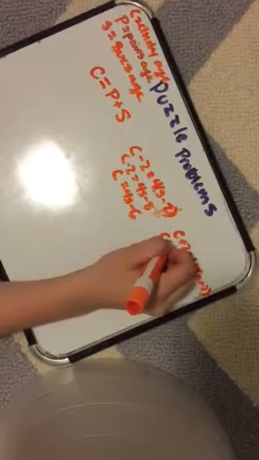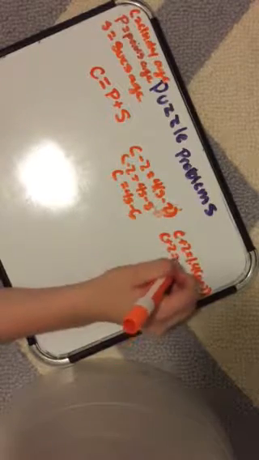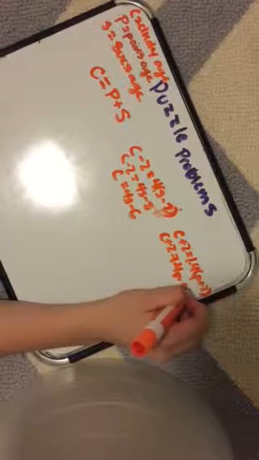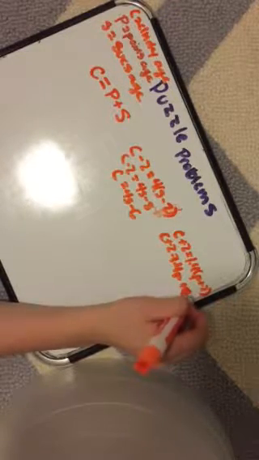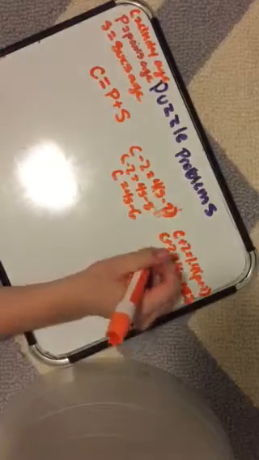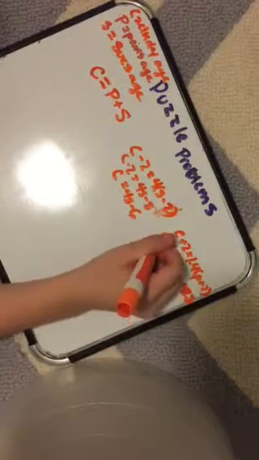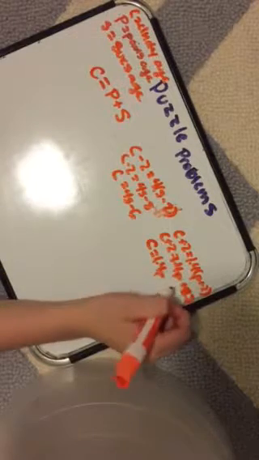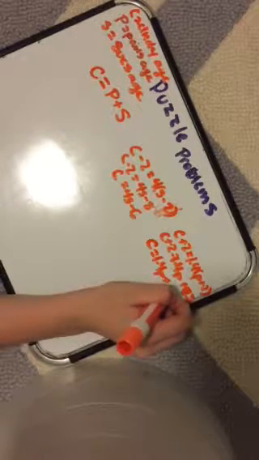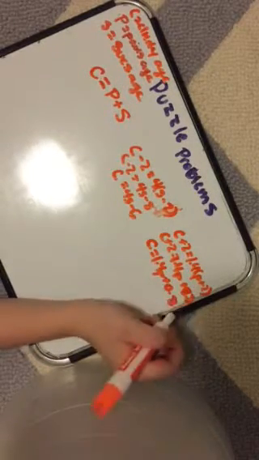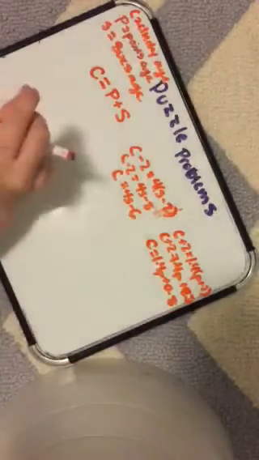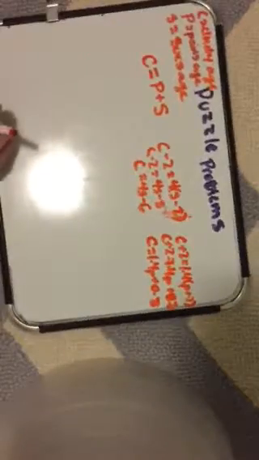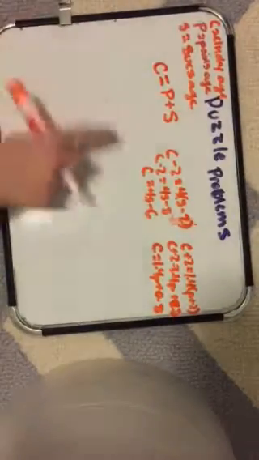We can say that C plus 2 equals 1.4 P plus 2.8. Now, when we put that together, we get that C equals 1.4 P plus 0.8.